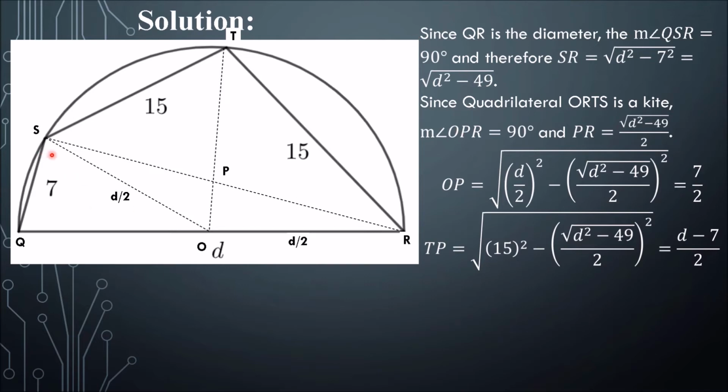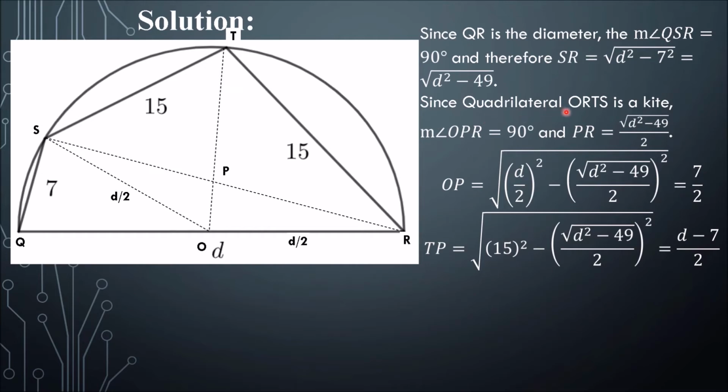So D is the hypotenuse, and this is one of the legs, 7. So D squared minus 7 squared, and the square root of that is SR.